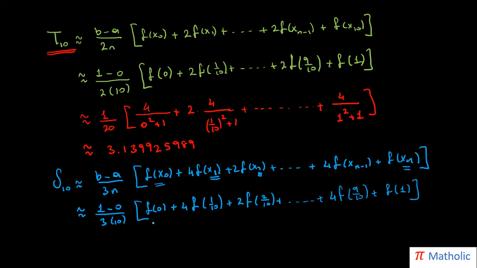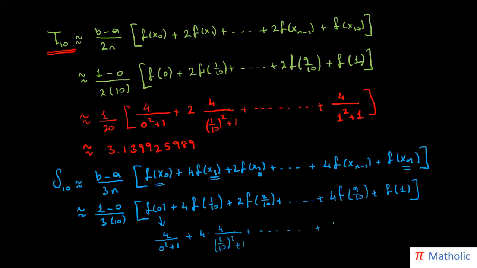So, of course, you know what to do. Instead of f of 0, you're going to write 4 over 0 squared plus 1. Then 4 times 4 over (1 over 10) squared plus 1. It keeps going like this, right?